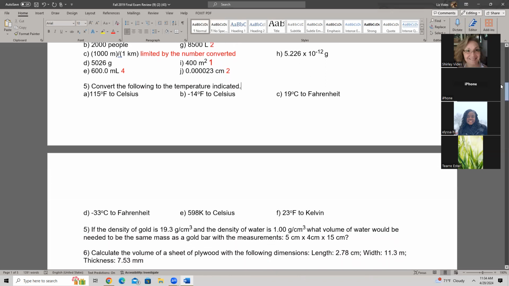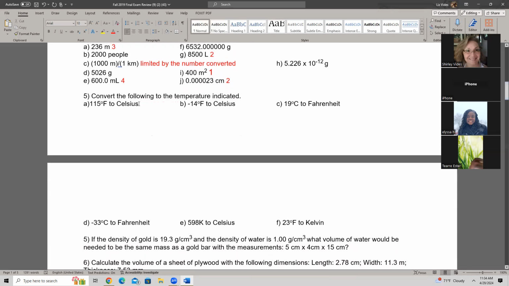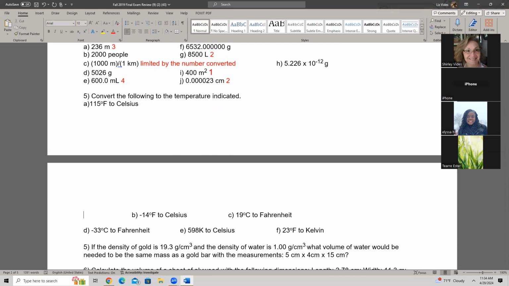Now we have conversions in temperature. For these, I'm going to do A, C, E, and F. All right, so A, the first one we're doing is 115 Fahrenheit to Celsius. So we use the C formula, which states that you have to subtract 32 from that and divide it by 1.8, not 118, 1.8.